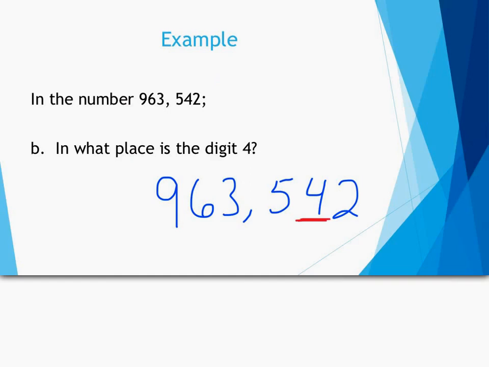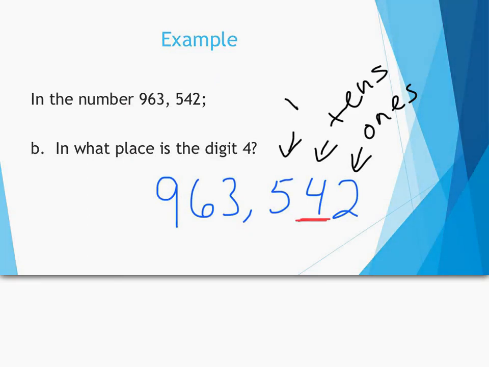Now this time we're in the hundreds area, but remember that this right here is the ones, this is the tens, and this is the hundreds. Therefore, our 4 is in the tens position, or the tens place.